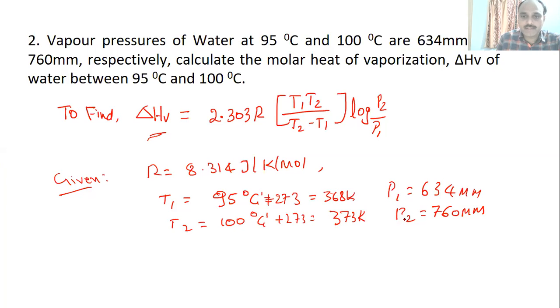Okay. P1 and P2: this pressure 634 mm at T1, P2 760 mm at T2. Now P1 is known, P2 is known, and T1 and T2 are known, and R is also known. You can calculate delta HV. Now, how can you calculate this?